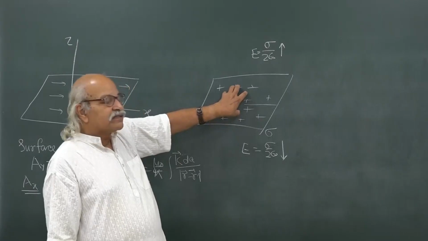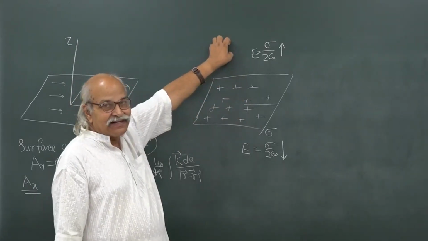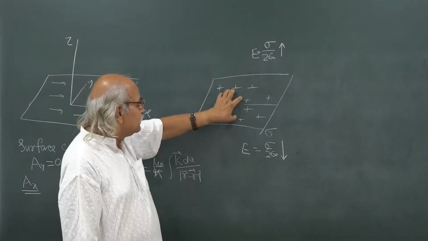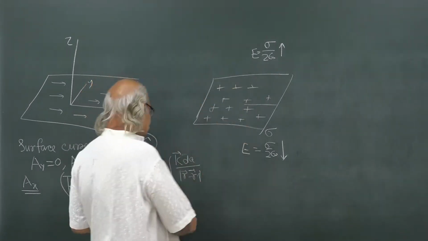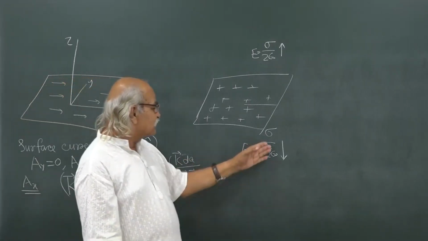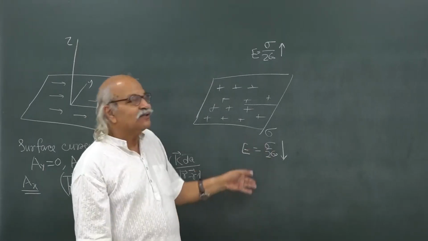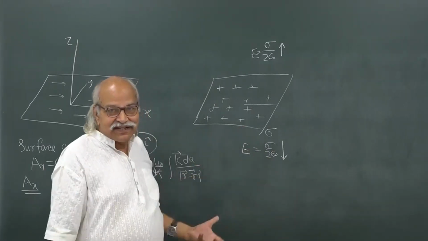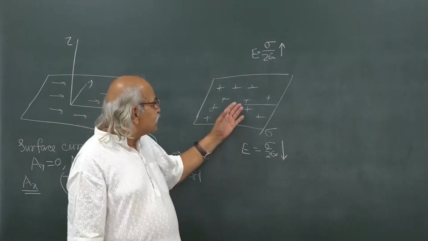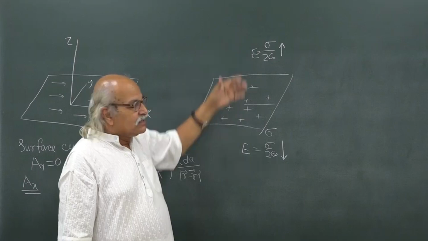Because of this charge distribution, what is the electric potential? Let us write it first in terms of sigma, because this sigma by 2 epsilon naught is our very familiar expression, and then take this k as the surface charge density. So, how do I write the potential?